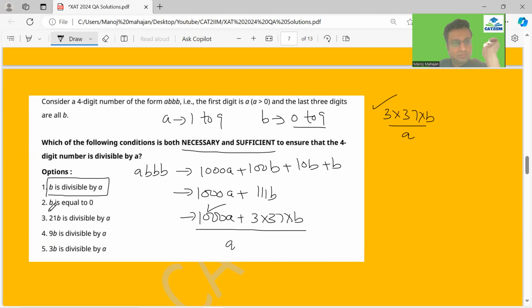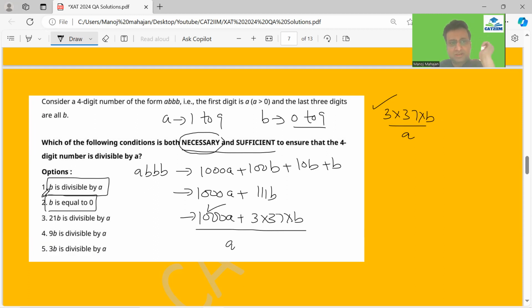Even if B is equal to 0, that is also sufficient. I think the word necessary will come into the picture to get the right answer. So if I look over here, is it necessary that B should be 0, only then it would be divisible by A? That is not the case.